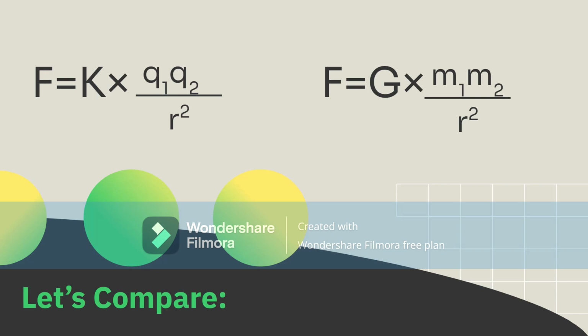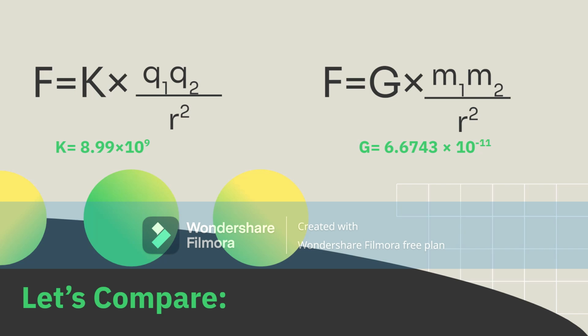First, in the gravitational formula, we are measuring mass, whereas in the formula for electrostatic force, we're measuring magnitude, right? The second is that the gravitational constant is 6.6743 times 10 to the negative 11th power. Now recall that the Coulomb's constant is 8.99 times 10 to the 9th power.